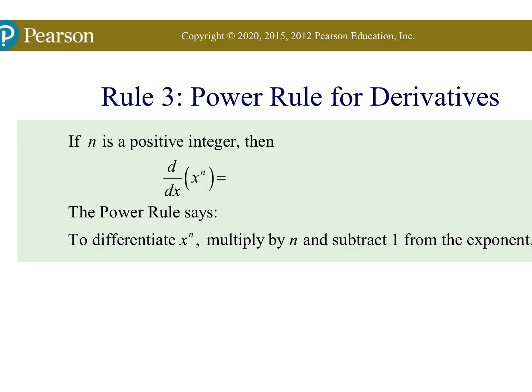So Newton did this over and over again, and he figured out a pattern for this consistently. He found out that a cube always has a derivative that's a square. And a 7th power function always had a derivative that was a 6th power function. And he started to wonder, it's always one less.